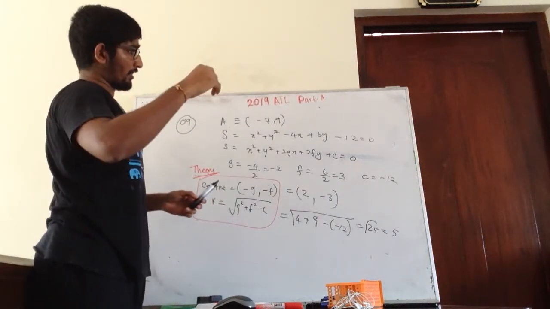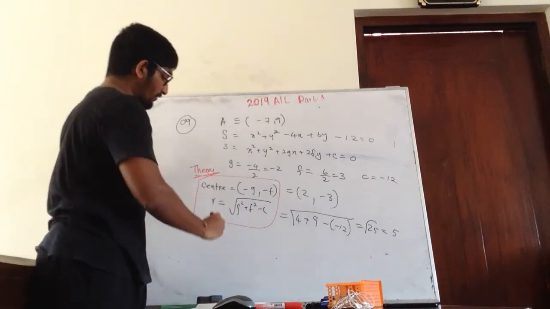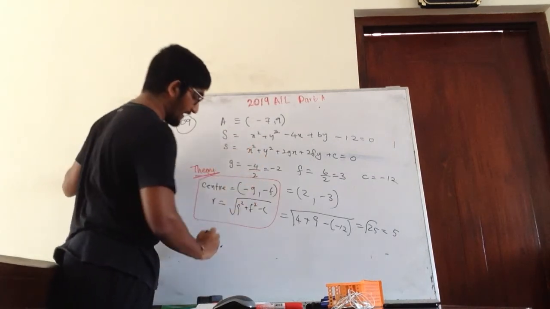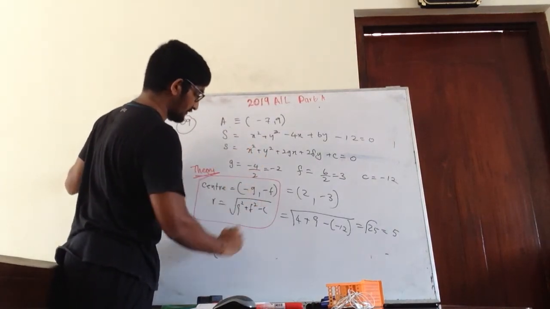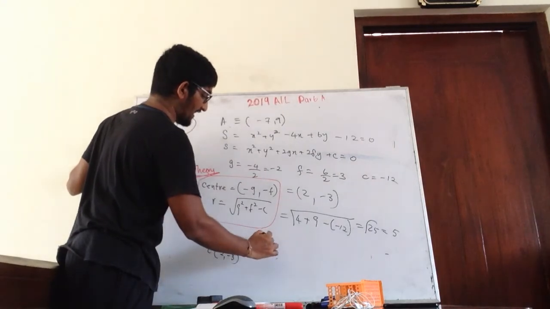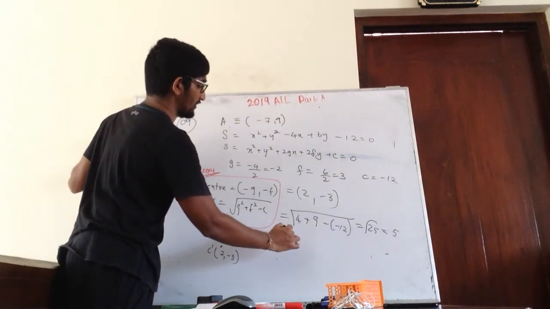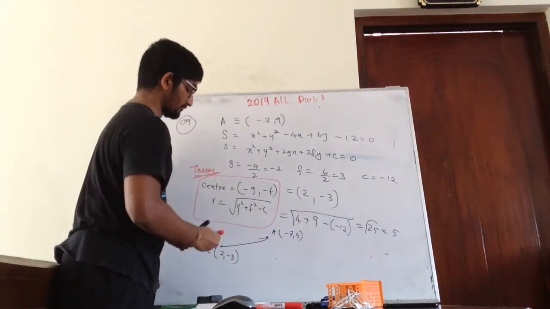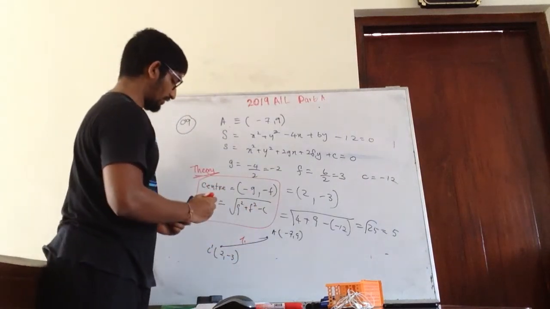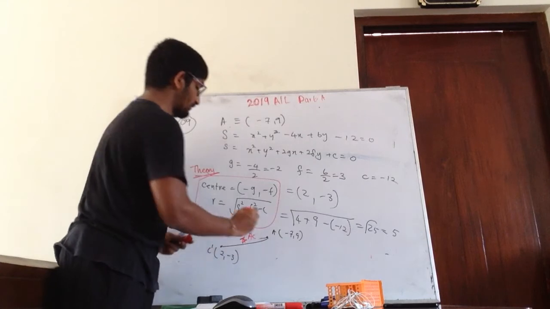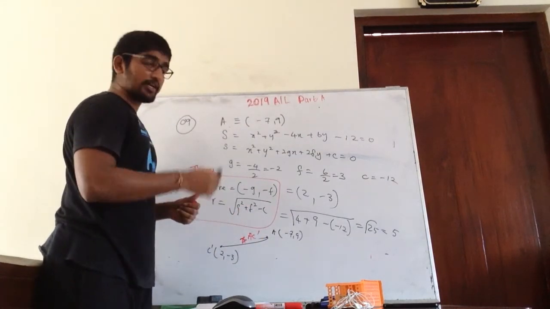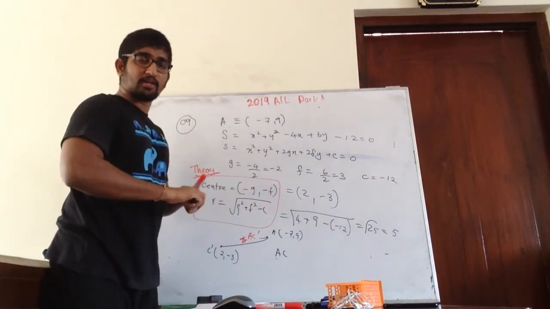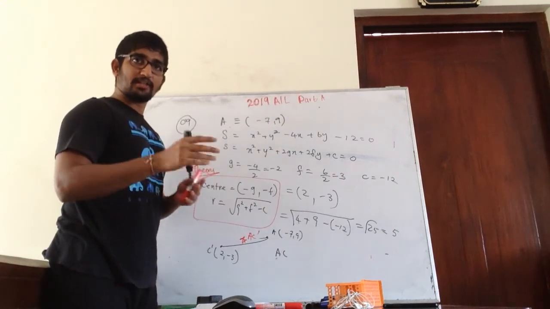Right? Then now I know the center, so I'm going to name the center as C dash, C dash as 2, minus 3. So now there is this point A, which is minus 7, 9. So I need to get the distance of this, which is basically AC dash. So that I can simply get from the coordinate geometry equation.